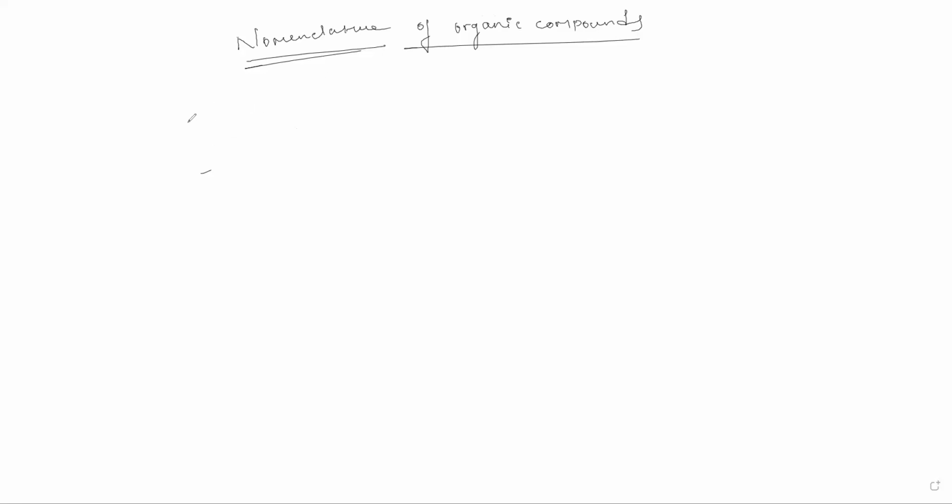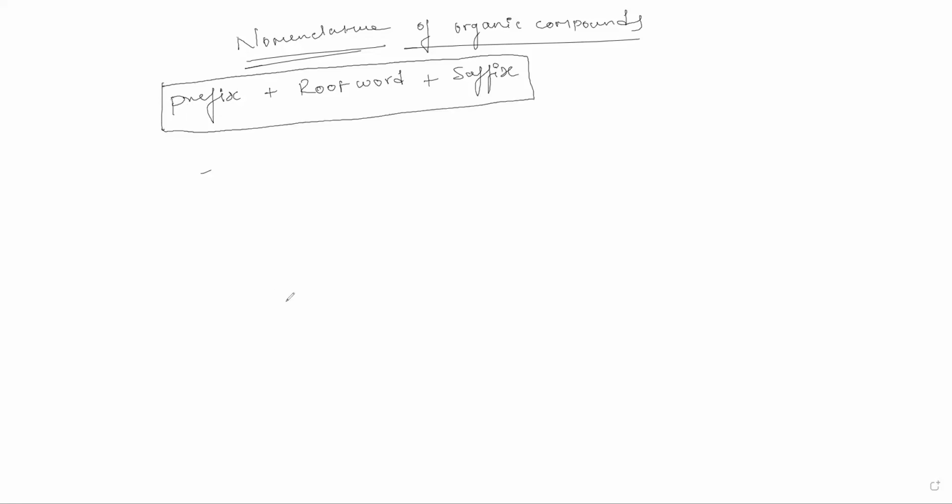We have to follow some rules and conditions, according to the IUPAC system. According to the IUPAC system, prefix comes first, next the root word, plus the suffix. This is the formula for nomenclature in the IUPAC system.